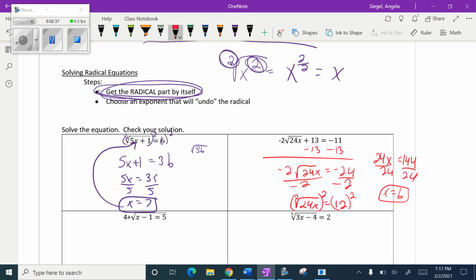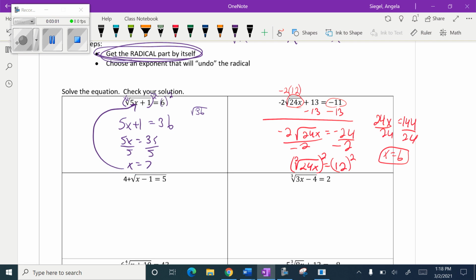Let's plug in 6 here. 24 times 6 is 144. The square root of 144 is 12. 12 times negative 2 is negative 24, and negative 24 plus 13 is negative 11. So that works perfectly.